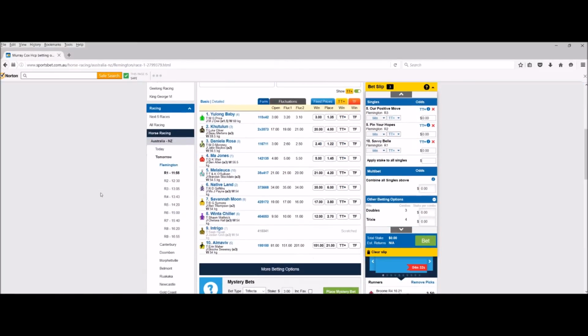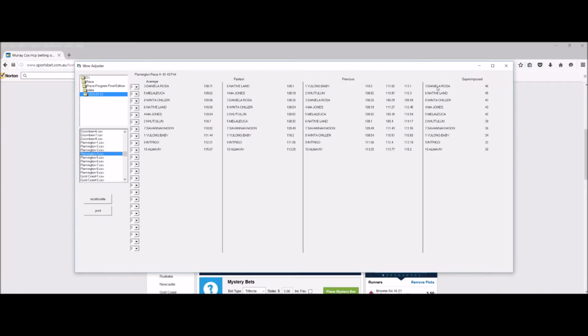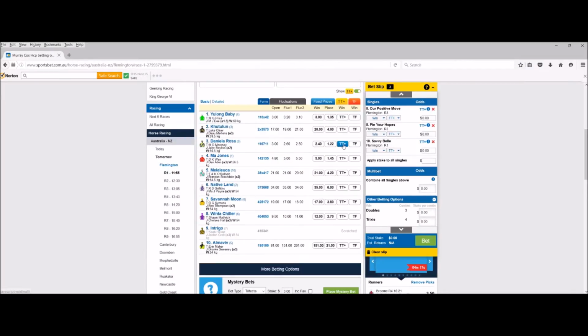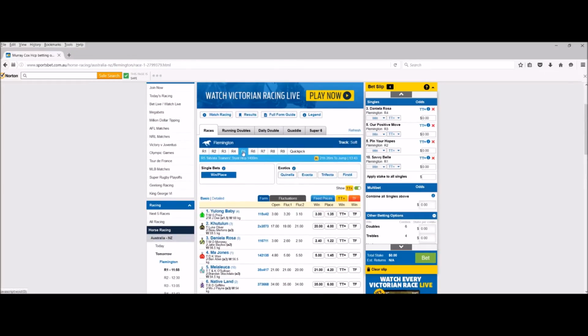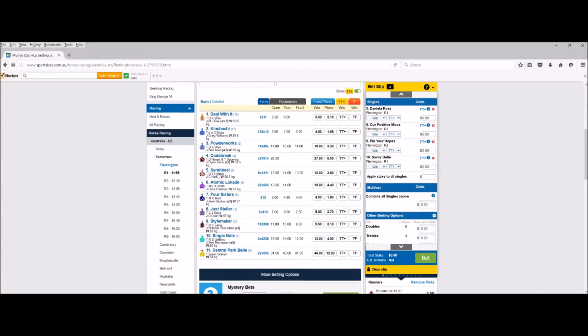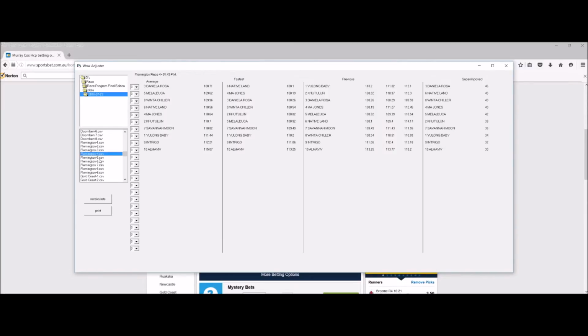Race 4. Daniela Rosa. Native Land. Number 3. Top Tote. Race 5. Powerworks.